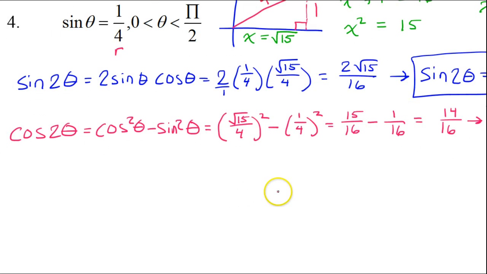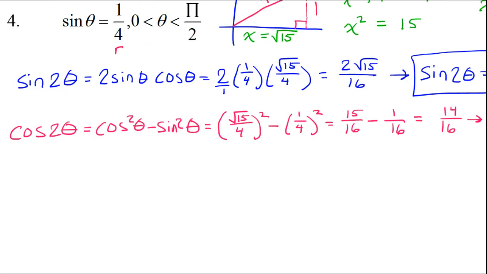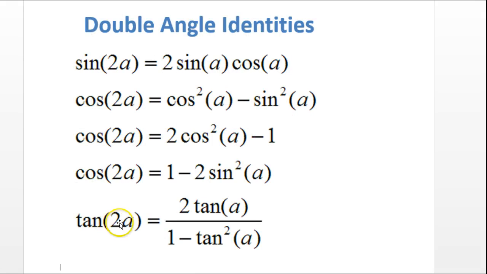Okay, that leaves one more thing to find, and it is always the most cumbersome, the tangent of 2 theta. All right, so here we go. According to the formula, tangent of 2 theta will equal 2 tangent over 1 minus tangent squared.